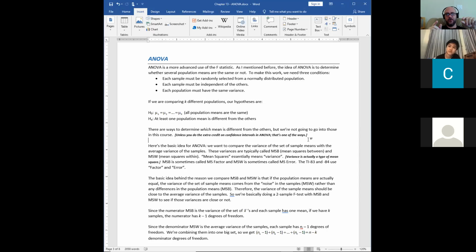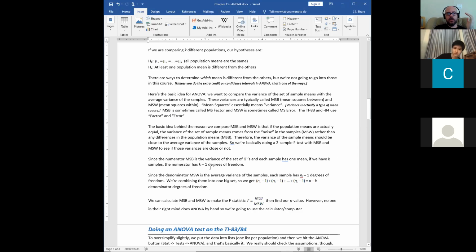That's one of the variances that we're going to use. That's going to be the denominator variance. The numerator variance is called mean squares between. What you do with that is you take each sample mean, so each x1 bar, x2 bar, x3 bar, and you throw them all into a set, and you find the variance of that set of the sample means, and that is your numerator variance.